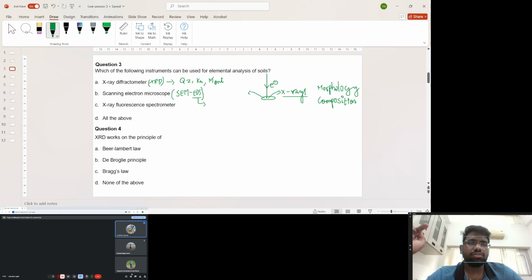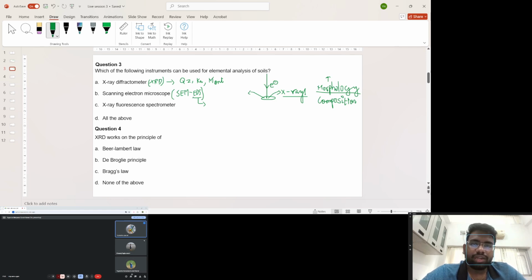During this, you get all the surface properties and morphology, in the sense of whether it is rough, smooth, rounded, angular, and everything. As it is a microscope, you will get the actual images. This is the primary function of SEM, right?